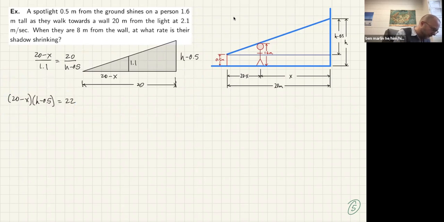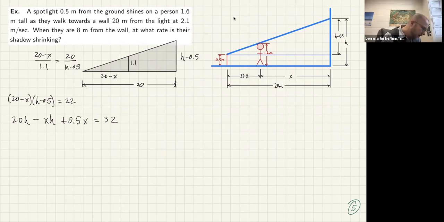It's probably handy to say 20h minus xh plus 0.5x minus 10, and all that needs to be equal to the 22. I think I will add the 10 to the other side, say that is equal to 32. All right. Now we've got something that we can implicitly differentiate, and we can fill in the things that we know after we've done that.